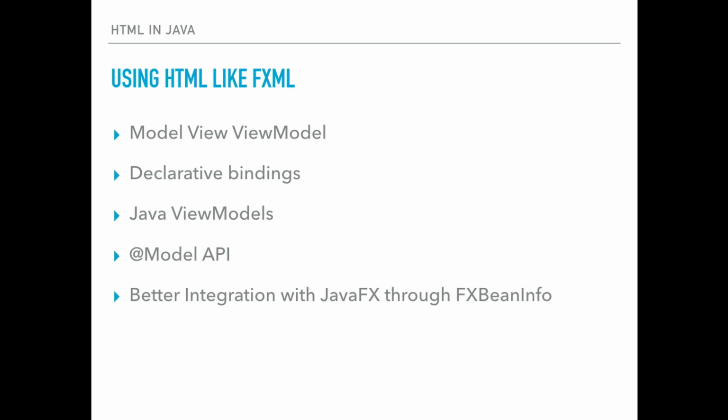The project that we've created for that was FxBeanInfo, because I had a look at the FXML loader, and I found the code horrible. Not that it's badly written code, but it has to do a lot of guesswork. It has to do a lot of reflection. It has these bean adapters, and it's highly complex code for something that is actually quite simple.